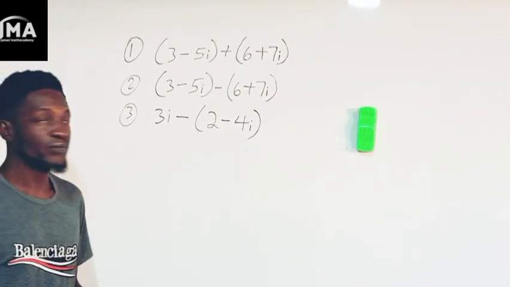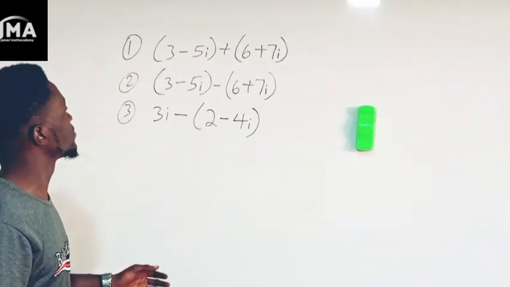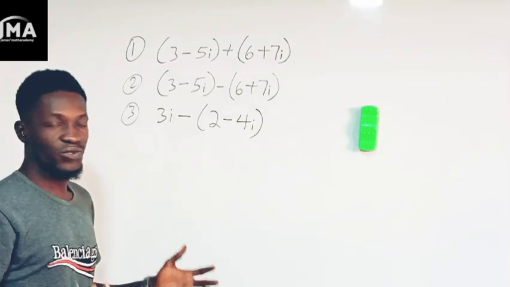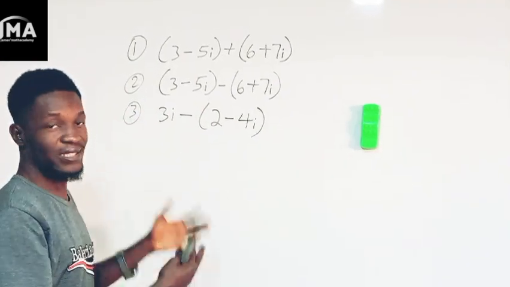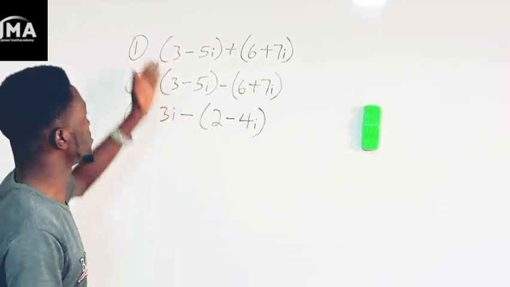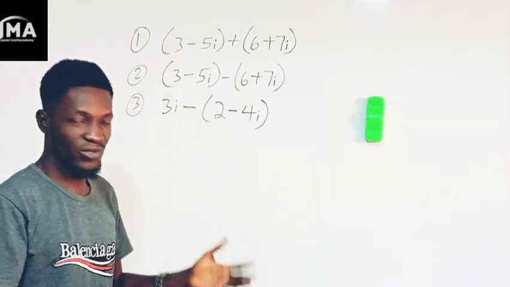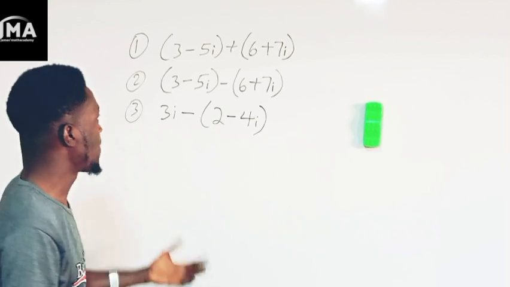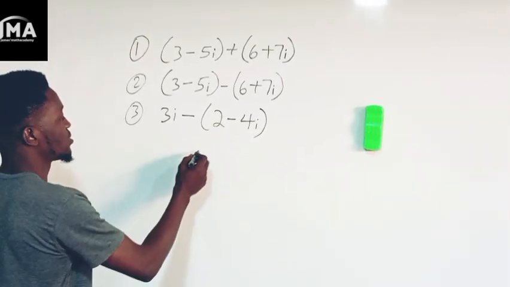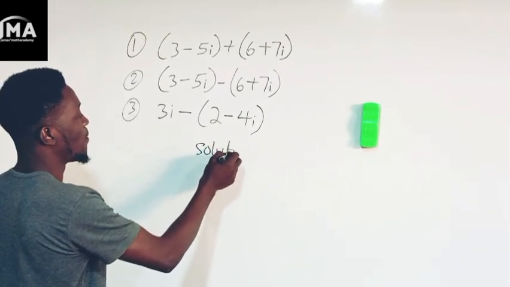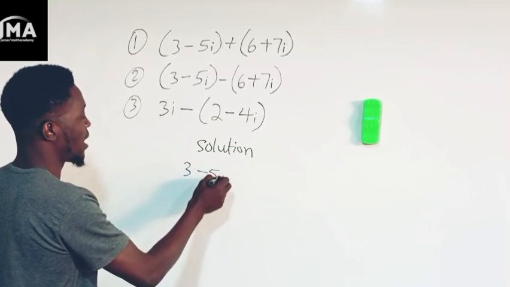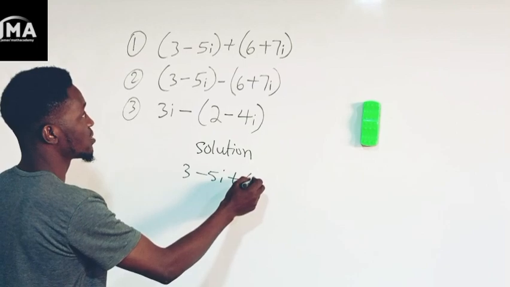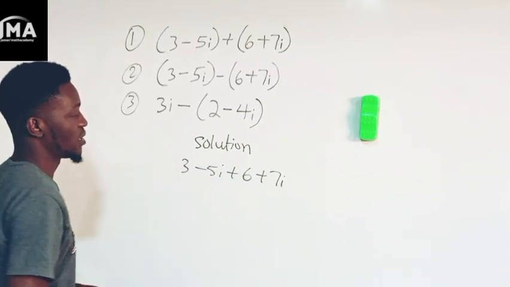Let's go to our number one. The first thing to do whenever you have something like this is to add the like terms together. Since there's nothing attached to the bracket, let's add the like terms together. Solution: 3 minus 5i plus 6 plus 7i.